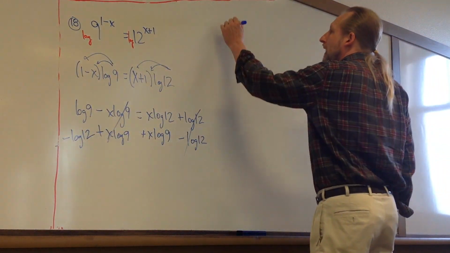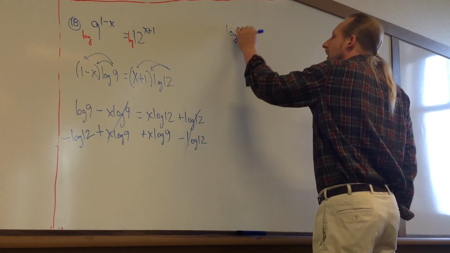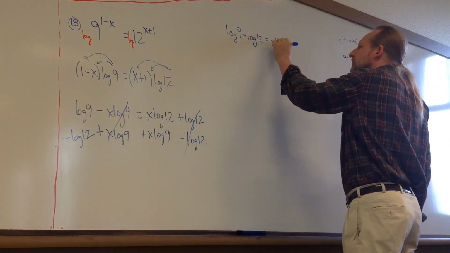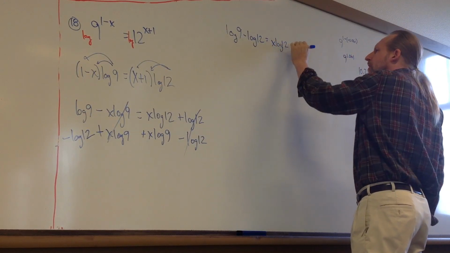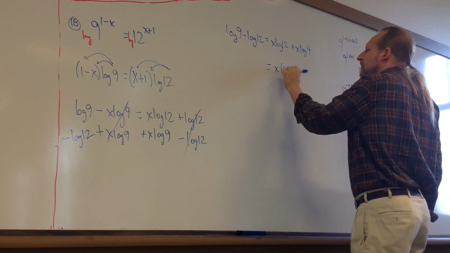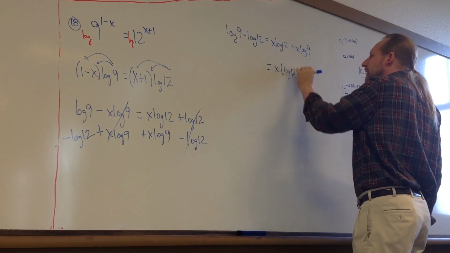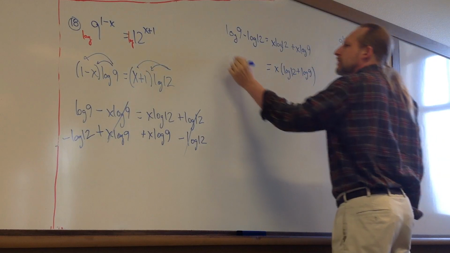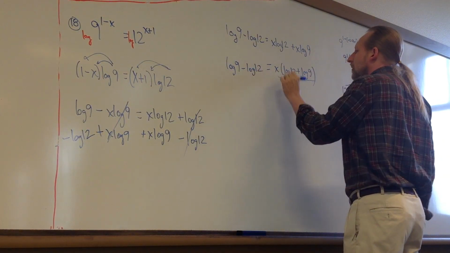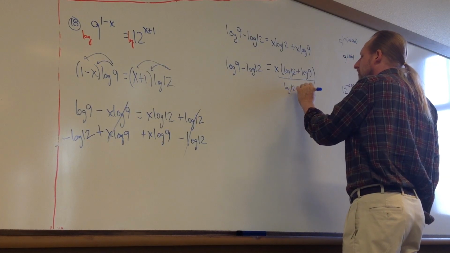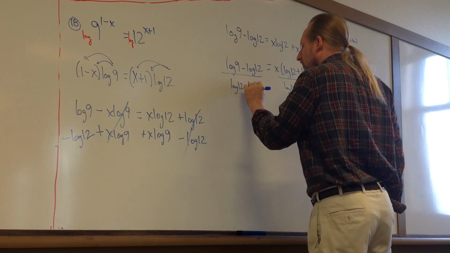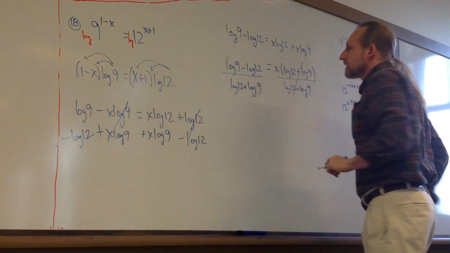it will. So we'll have log of 9 minus log of 12, and that'll be equal to x log 12 plus x log 9. Right? And then we want to factor the x out here. And then we can divide on both sides by log 12 plus log 9. So those cancel out.